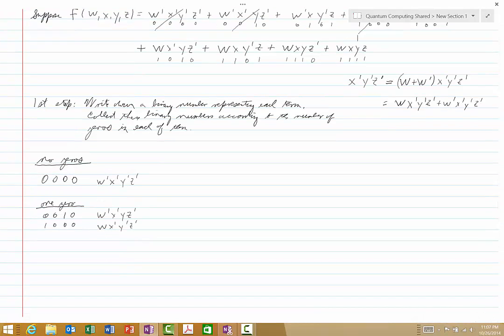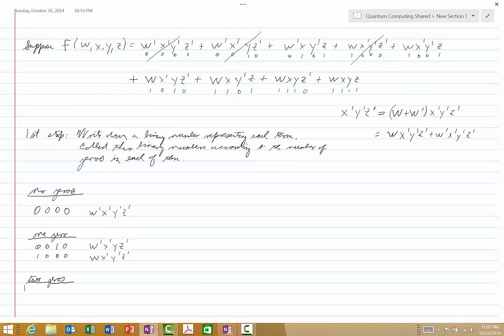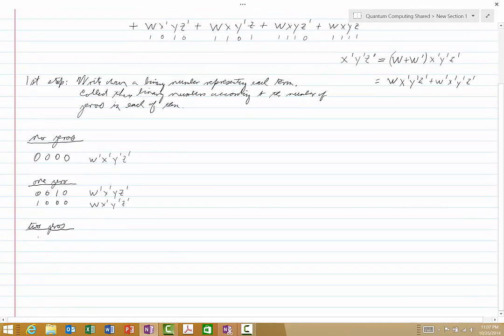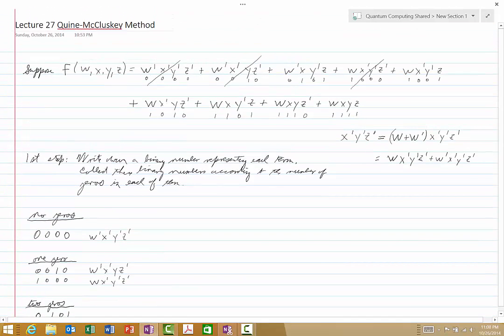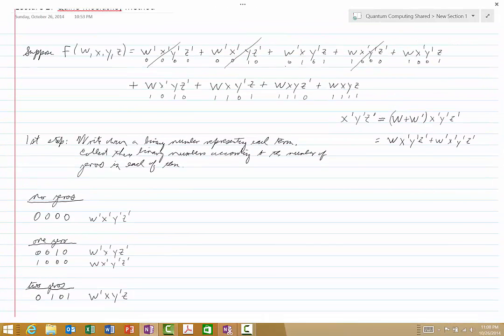So now let's look at terms with 2 zeros. Well, the 0, 1, 0, 1 term is an example. And that is W prime X, Y prime Z. So we'll cross that term off. The W X prime Y prime Z is another.